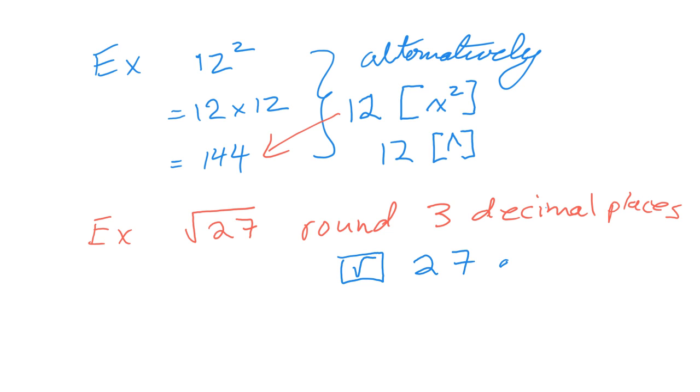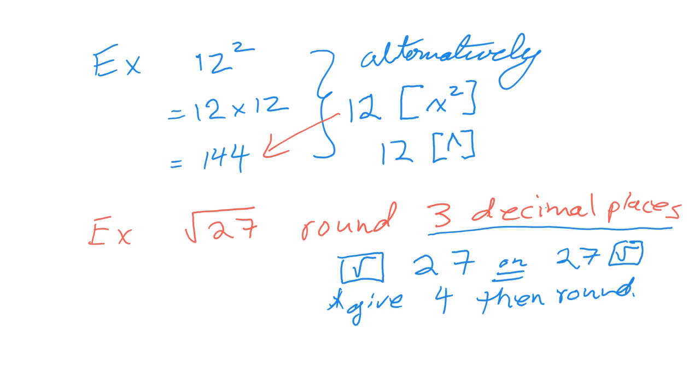On some older calculators, sometimes you have to punch in the number and then hit the square root sign to get what you want. Now, let's calculate the square root of 27, but I want you to have at least 4 decimal places at first. So when I ask for 3 decimal places, you have to give me 4 and then you round. So you just read it right off the calculator.